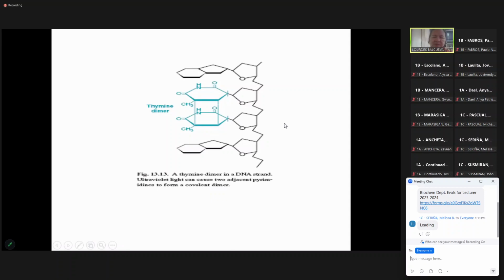If the person is exposed to ultraviolet rays, then this thymine dimer or the cyclobutane ring can be formed. This is the cyclobutane ring, so there are bonds between the two thymine nucleotides, and it will also inhibit the progress of your replication.